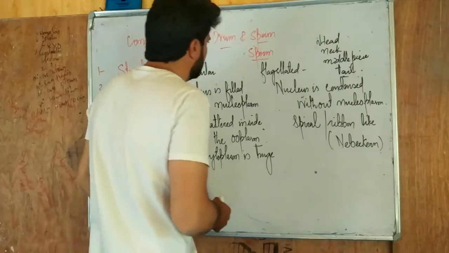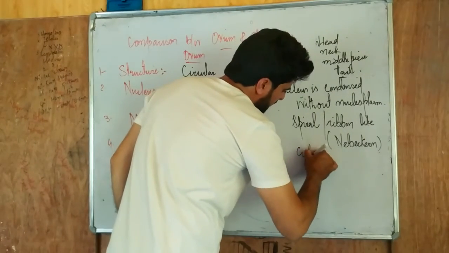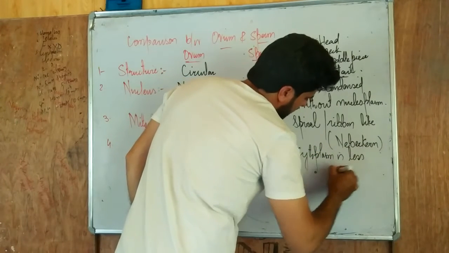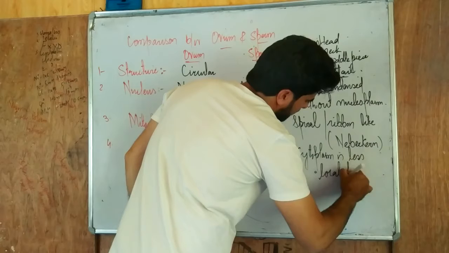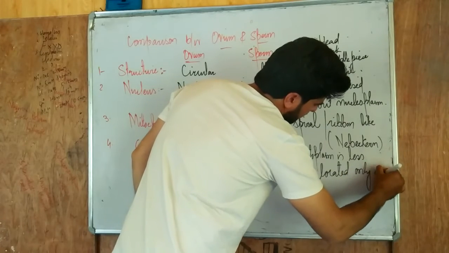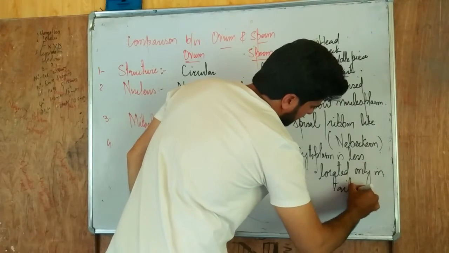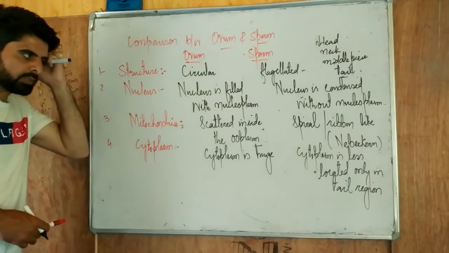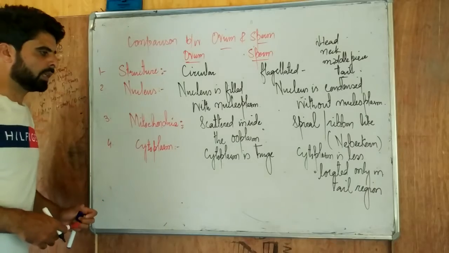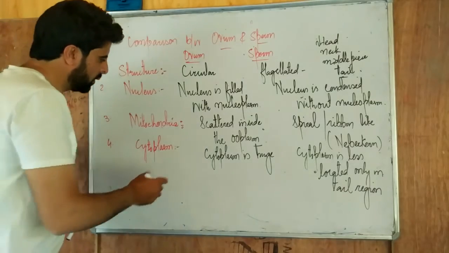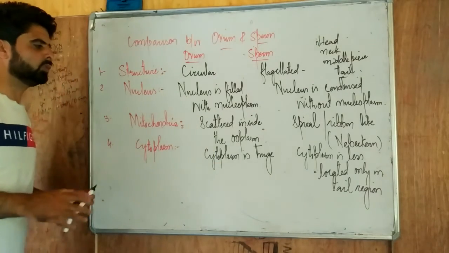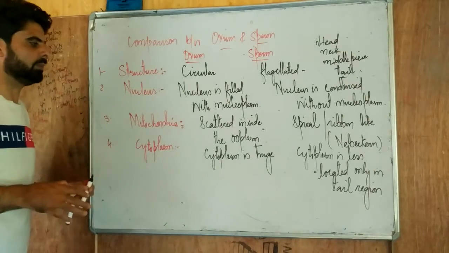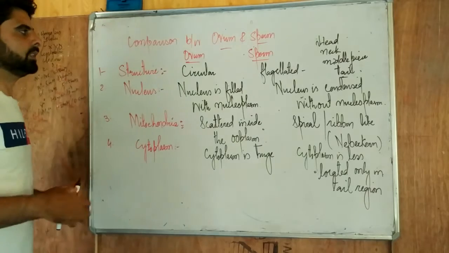But in case of sperm, cytoplasm is less, located only in the tail region. So in case of sperm, this is the most important thing: the cytoplasm is located only in the tail region, whereas in case of the ovum, the cytoplasm is present in huge quantities all over the ovum. So cytoplasm is greater in amount in case of the ovum and less in case of the sperm.